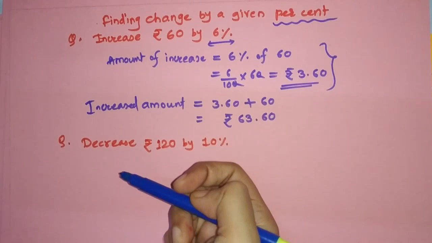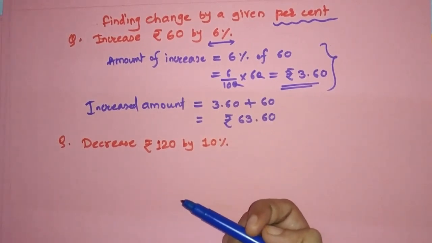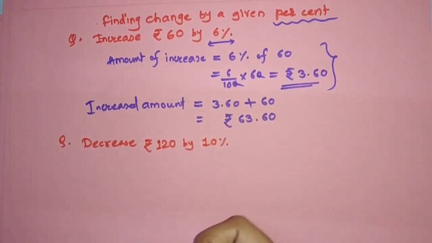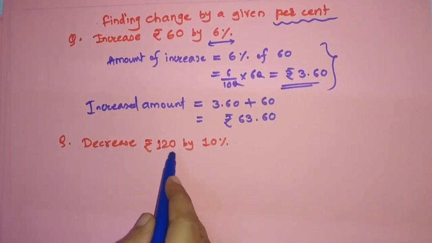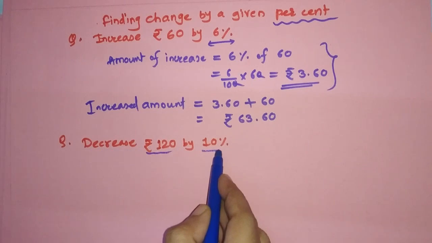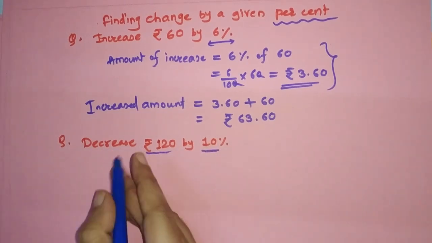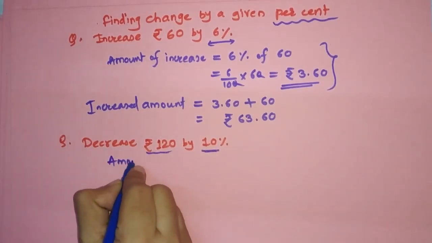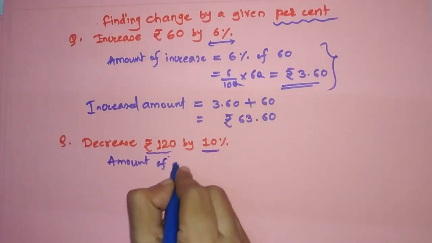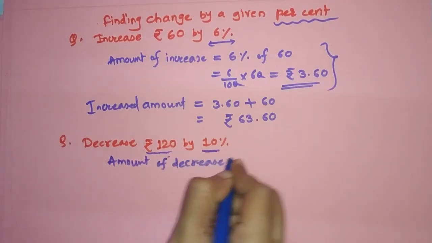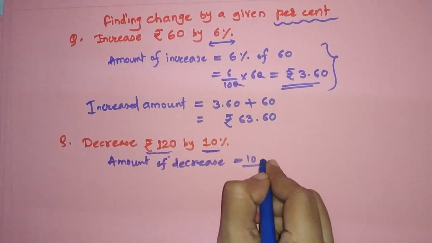So friends, just like we have increased by some amount, sometimes we are given the percentage and we need to decrease by that percentage. So here it is given: decrease rupees 120 by 10%. So friends, here we need to find out the amount of decrement. That is, we need to decrease it by 10%.